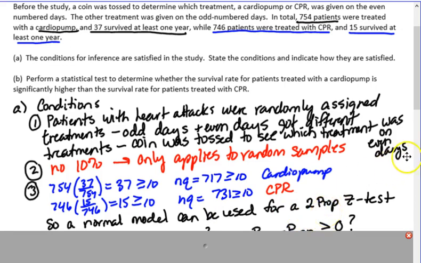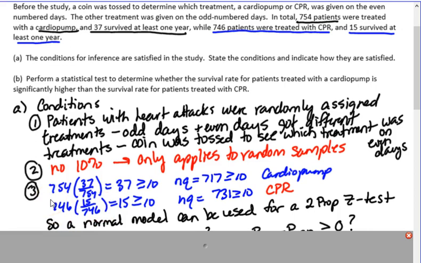So we saw that we had 37 out of 754 who survived at least 1 year using the cardiopump. So that would be my proportion, then times the sample size, I just get 37. So basically NP is just 37, and it would be okay to just write NP is 37 and NQ is then 754 minus 37, which is 717, both of those greater than 10, and that's for the cardiopump.